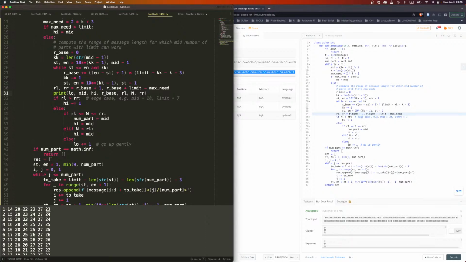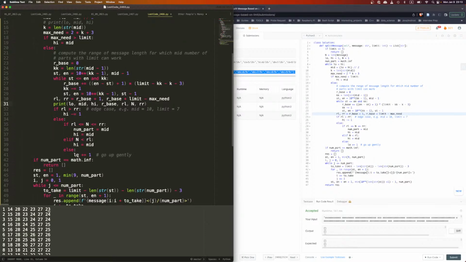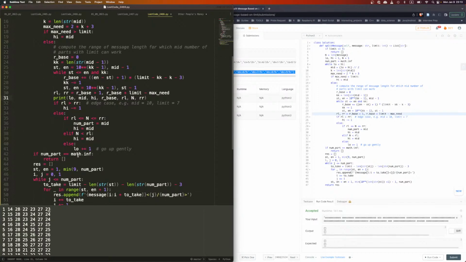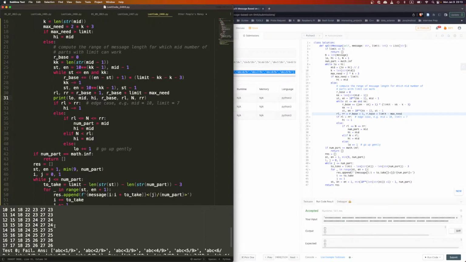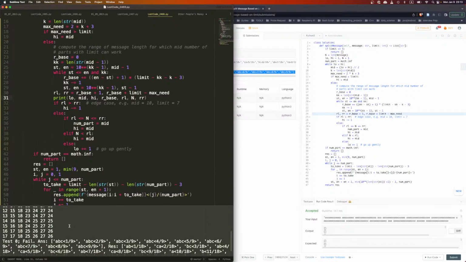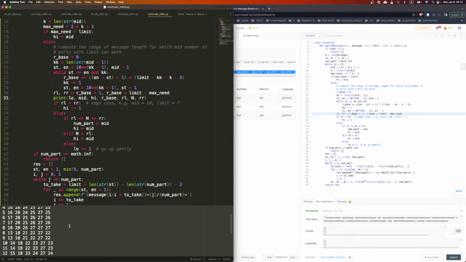So it's bigger. So low increment. Gosh. And this one.